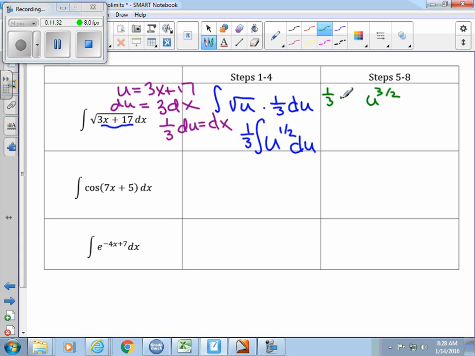When we divide by a fraction, it's the same as multiplying by the reciprocal. So I get 2/9. What was u? 3x plus 17 to the 3/2 plus c.